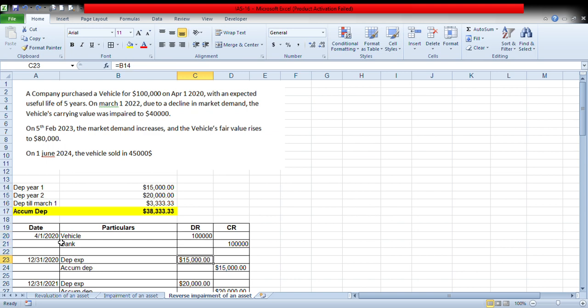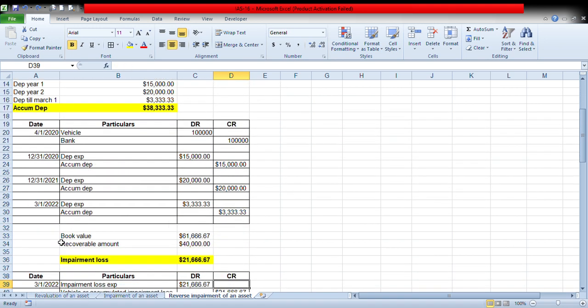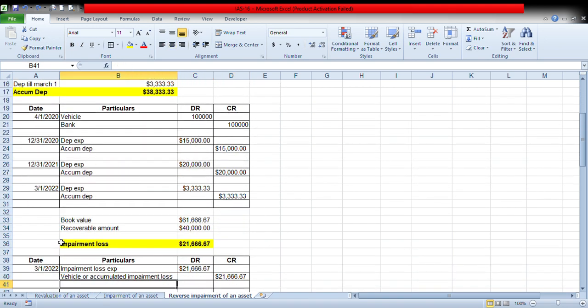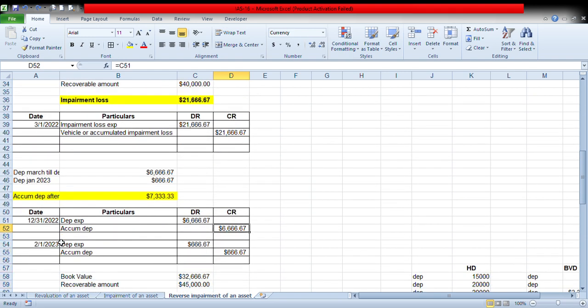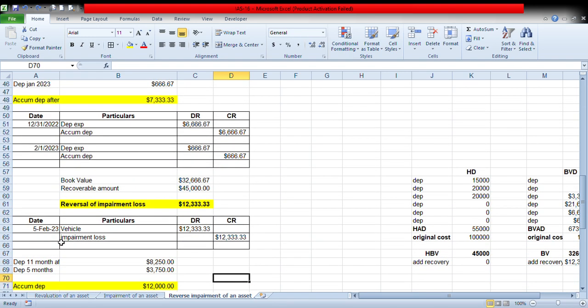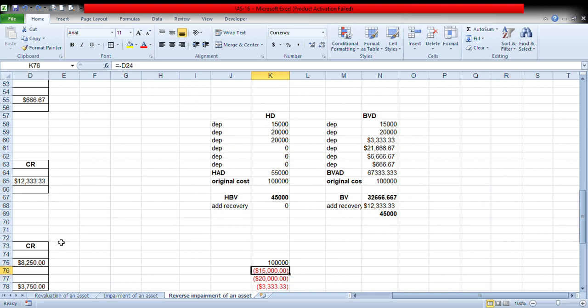Then decrease the asset with this price, then decrease this with the price, then again with the loss. Vehicle credit, because we credit the vehicle, understand? Whether you take accumulated impairment loss or vehicle, it decreases the amount of vehicle. So less this again, then less this, then add this, understand?